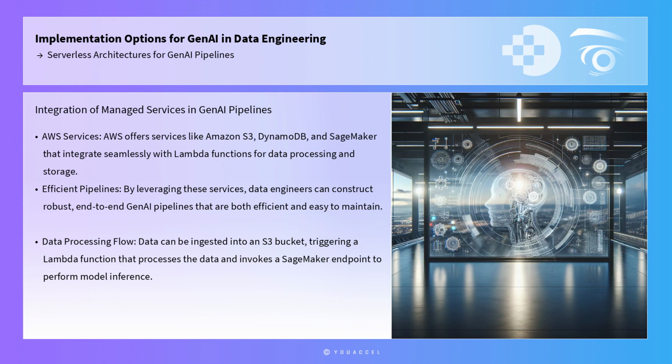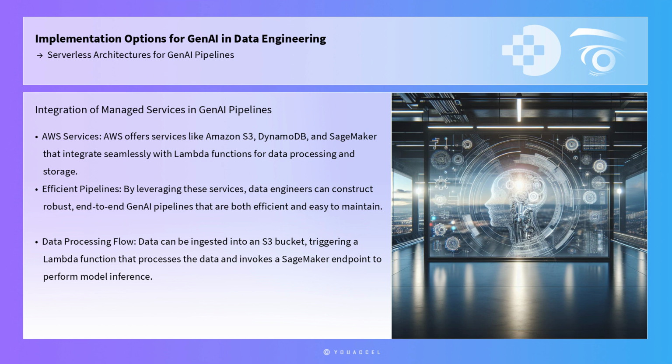A critical component of serverless GenAI pipelines is the integration of managed services to handle various aspects of data processing and storage. AWS offers several services that can be seamlessly integrated with Lambda functions, such as Amazon S3 for object storage, Amazon DynamoDB for NoSQL database services, and Amazon SageMaker for developing and deploying machine learning models.